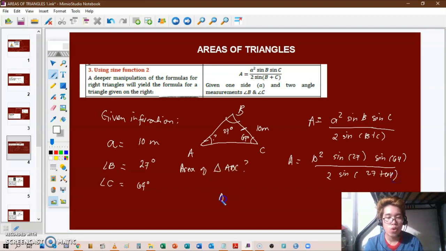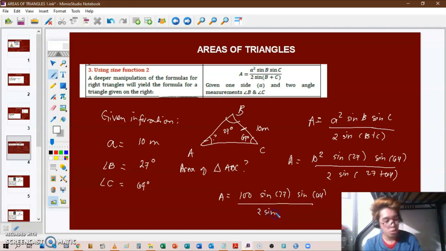So this gives us 100. Let's try to simplify first everything before we input this entire function in our calculator. So sine 27 multiplied by sine 64 all over 2 sine, 27 plus 64, we get 91.